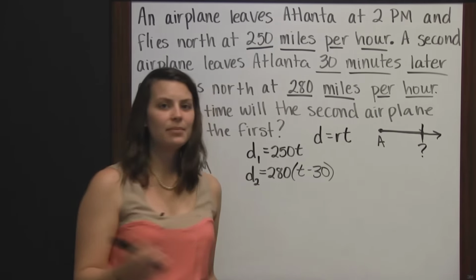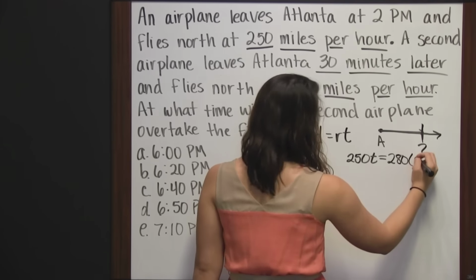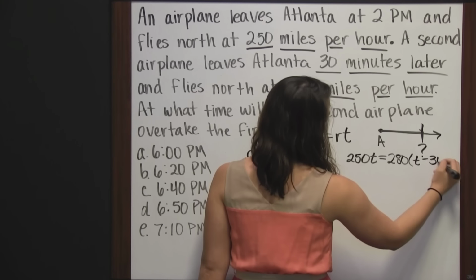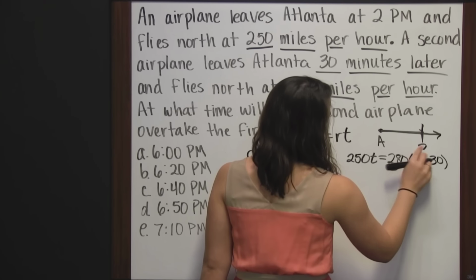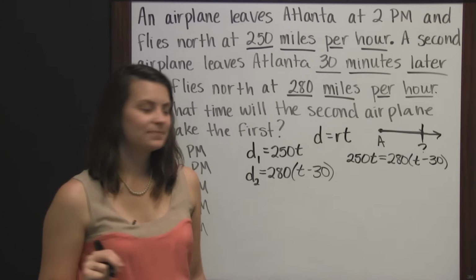So we can take these two distances and set them equal. So the distance of plane 1, 250t, is equal to the distance of plane 2, 280 times the quantity t minus 30. And now we need to solve for t.